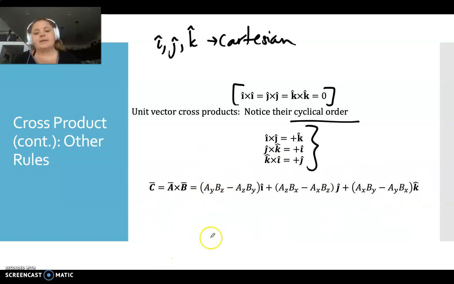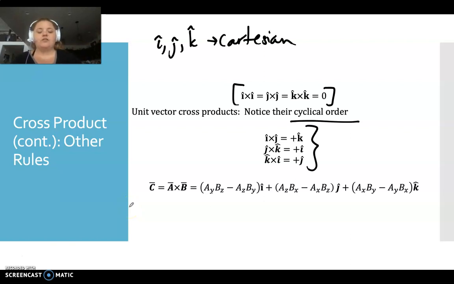This is based on matrices, which you may not have seen yet, so I won't really go over that unless you want me to. You can email me or message me, but this is the idea here between our cross products.